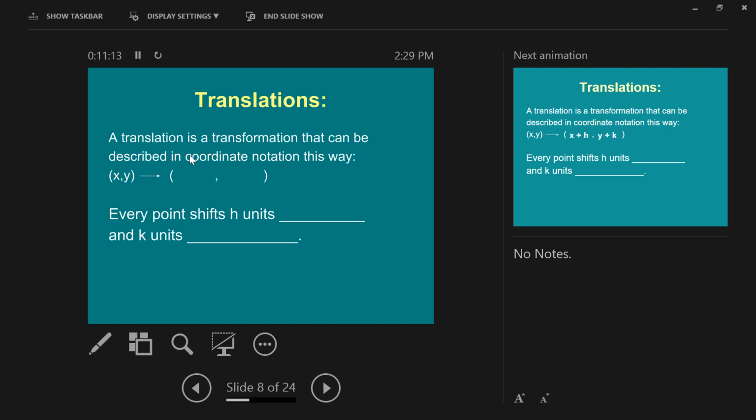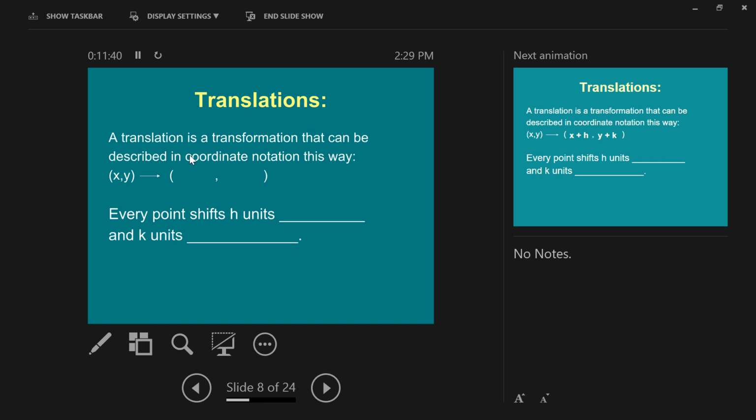All right, so when you have some translation, it's just some transformation that we can describe in coordinate notation this way. So what you'll always do is write the original coordinate point, which will just be some x and y value, and then you'll put some arrow here, and in this parenthesis, you will denote whatever change is happening. So if your x is changing, x can only move left and right, okay?